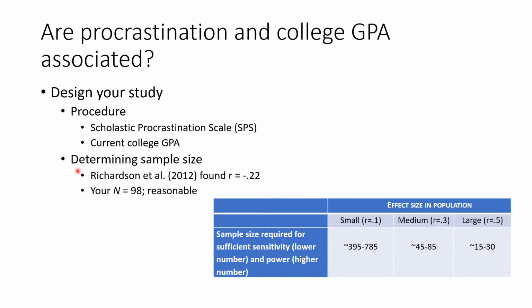A previous study by Richardson and his colleagues found that there was a negative correlation between these 2 variables of about -0.2. That's a small to medium effect, if you look at the chart over here.